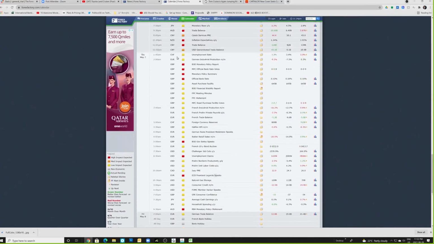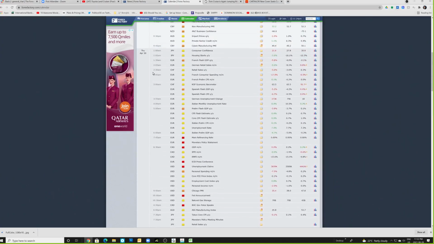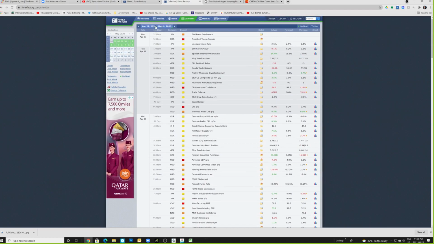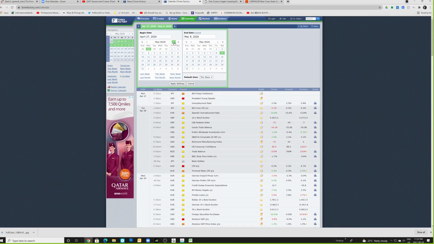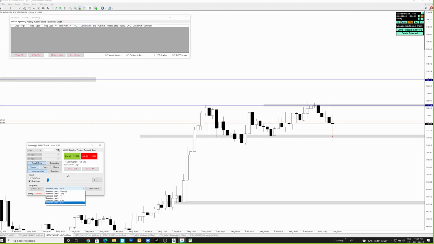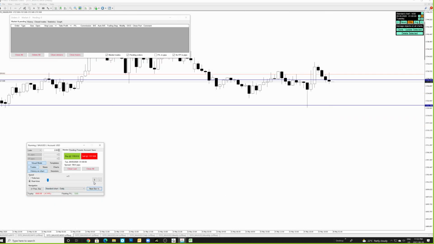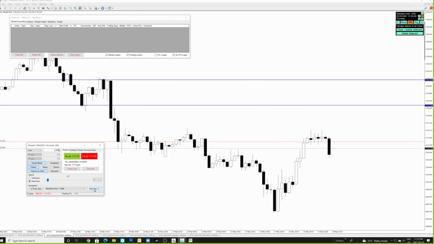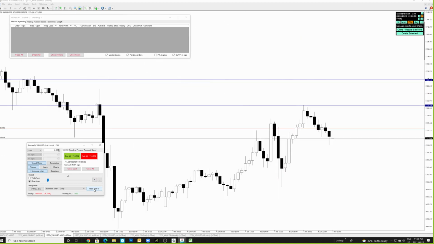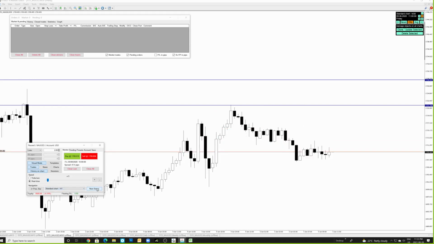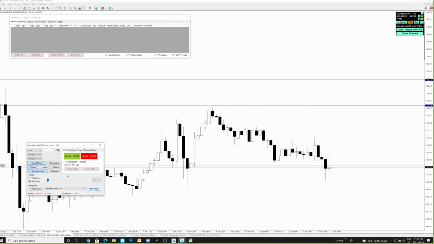So next NFP, this is actually pretty good practice for me as well. May, we're going to move on towards June. June, I guess this was on the 5th of June. 5th of June, and we're going to go towards New York Open, 13, 14, 15.